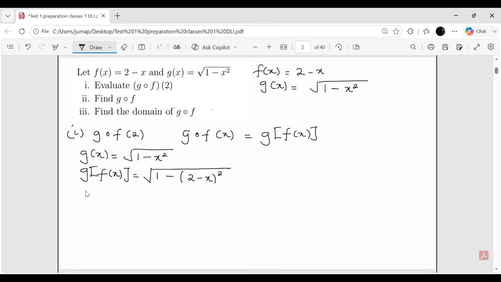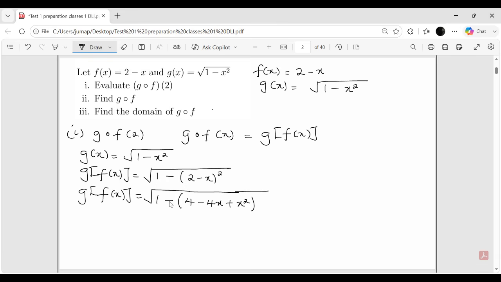So when I replace there, I'm going to simplify it further to say g of f of x is equal to the square root of 1 minus, and I'm going to expand what is in the brackets. When I expand, I'm going to have 4 minus 4x plus x squared in the brackets.